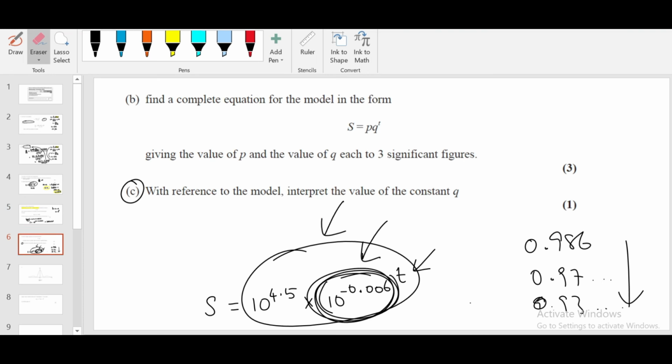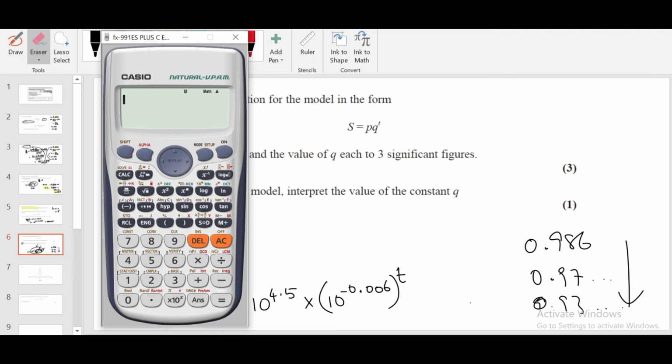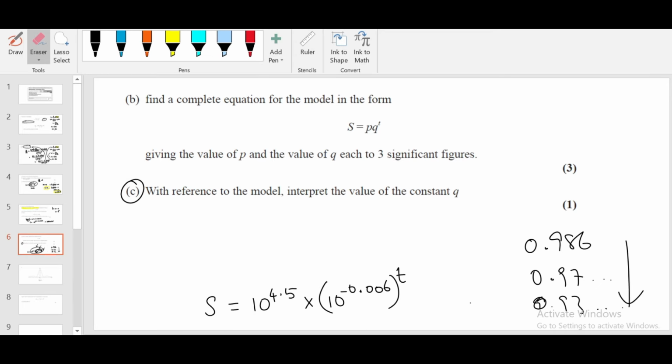You cannot just write that the area of the sea floor covered by coral reef reduces year to year. You need to mention by what amount. So you have 10 to the power negative 0.006. If you change it to a percentage, you get 98.6 percent.